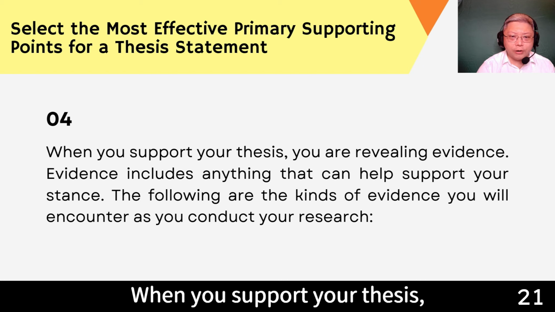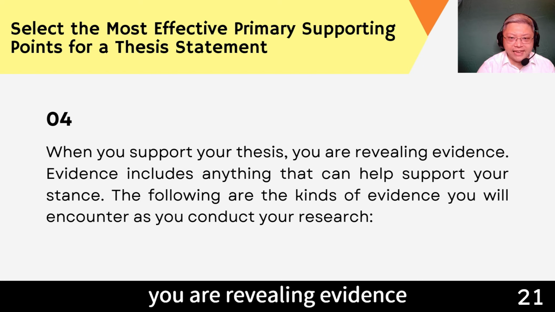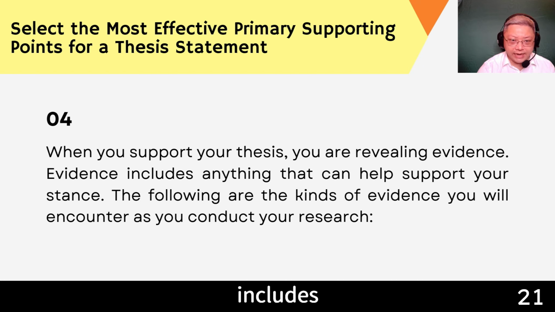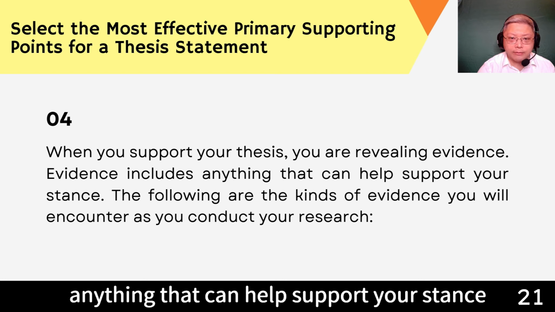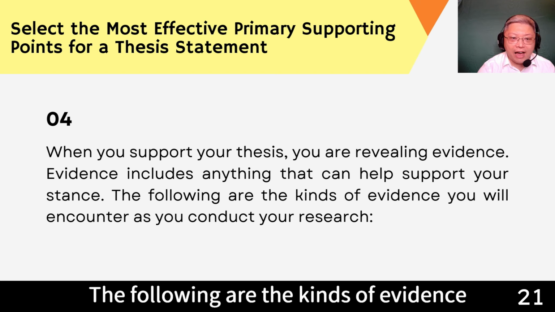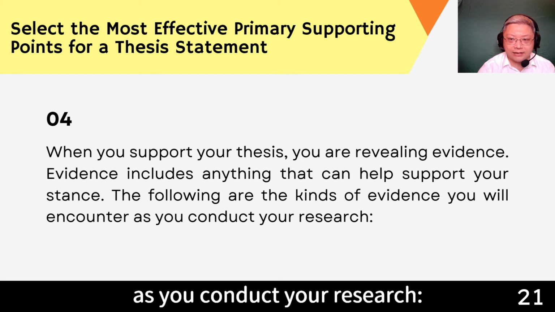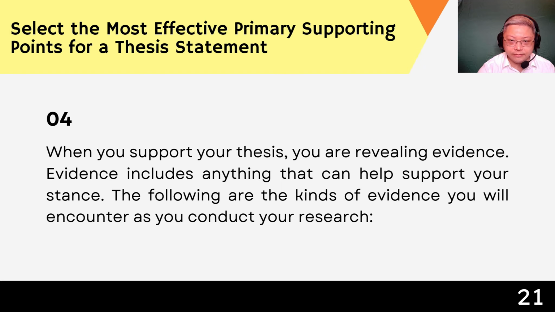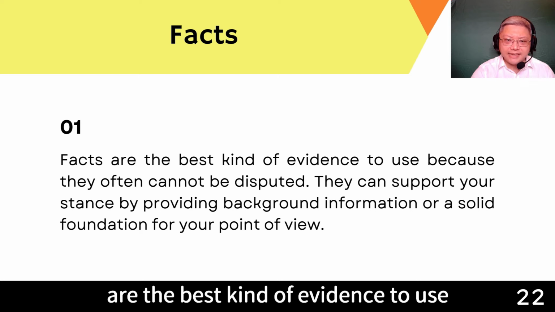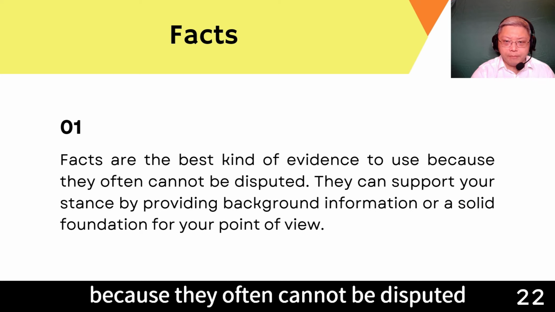When you support your thesis, you are revealing evidence. Evidence includes anything that can help support your stance. The following are the kinds of evidence you will encounter as you conduct your research. Facts are the best kind of evidence to use because they often cannot be disputed.